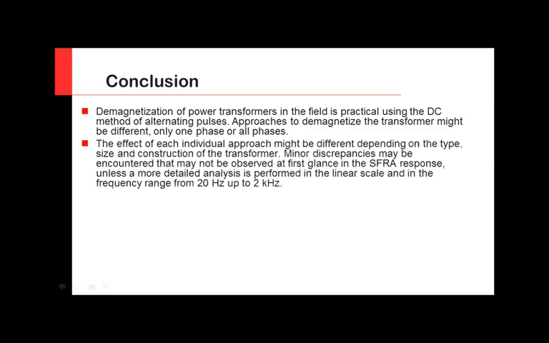As you could see, the effect of each individual approach might be different depending on the type, size, and construction of the transformer, etc. But one thing is clear: there is no 100% full demagnetization. There might be a little bit of discrepancy, and that is because just imagine that you are applying a force.